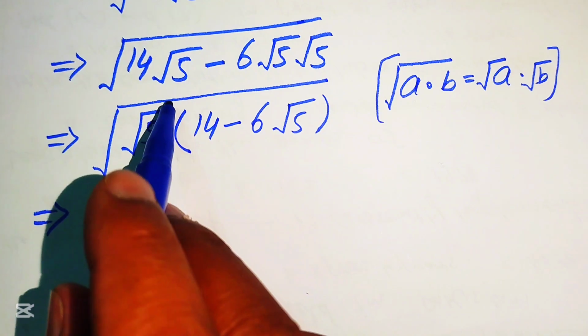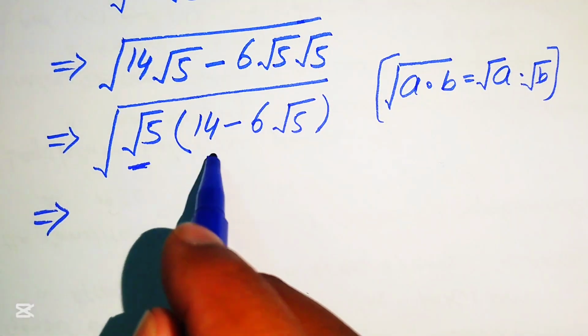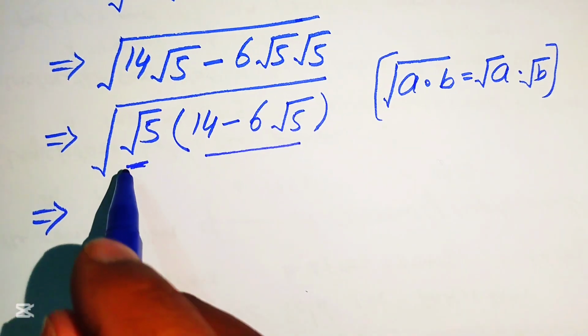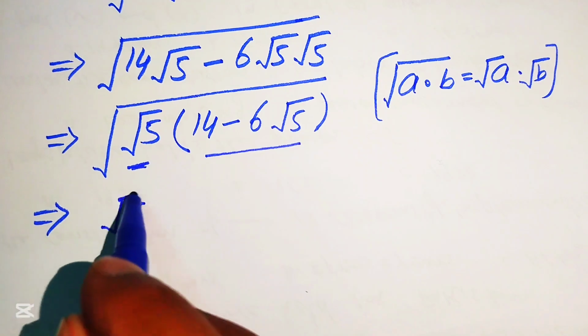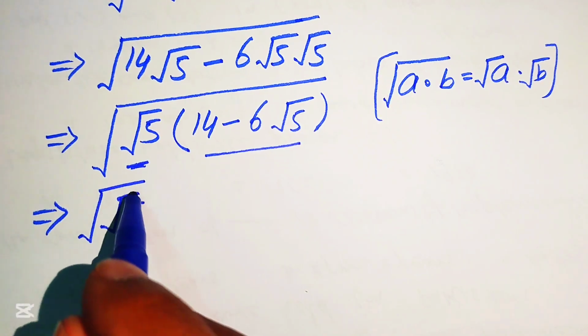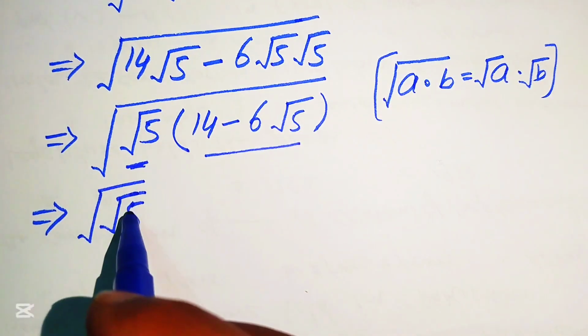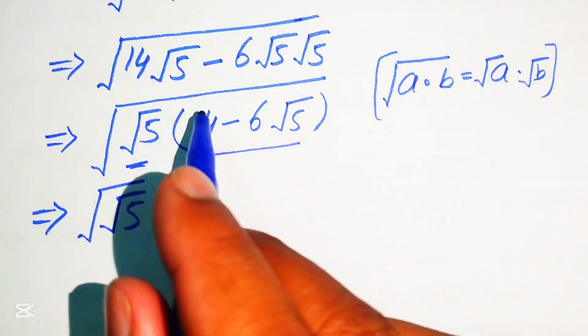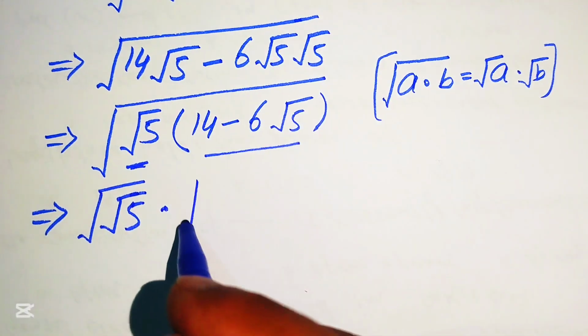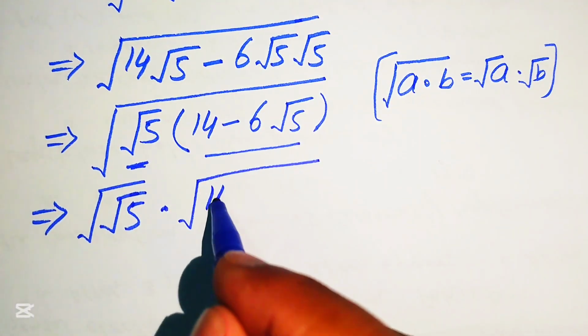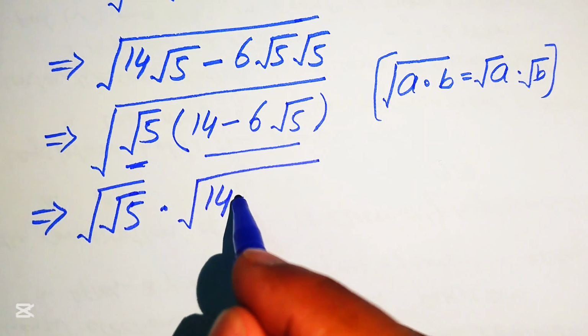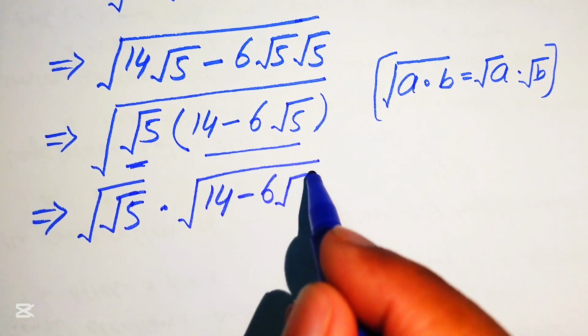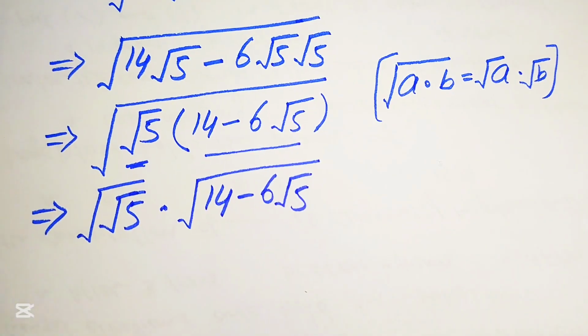We write the square root on this term and on this whole term as well. So we write it as the square root of 5 into the square root of 5, so we have 2 times the square root of 5 multiplied by, and here we write the square root on this term, and it will be written as the square root of 14 minus 6 times the square root of 5.